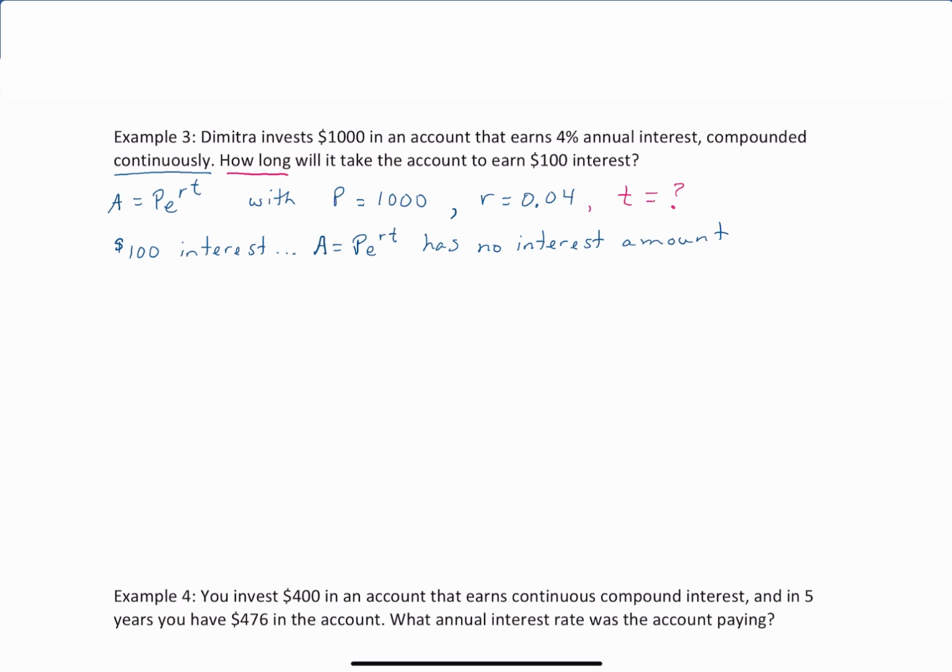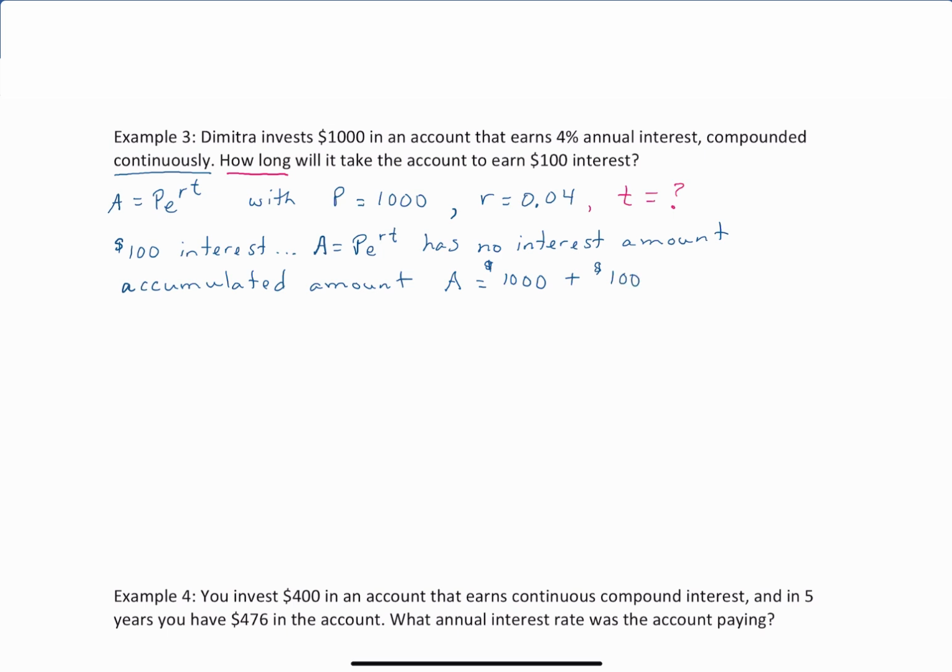Let's see. If I invest $1,000 and I earn $100 of interest, doesn't that mean my ending amount, my accumulated amount, A, would be the $1,000 I invested plus the $100 of interest?